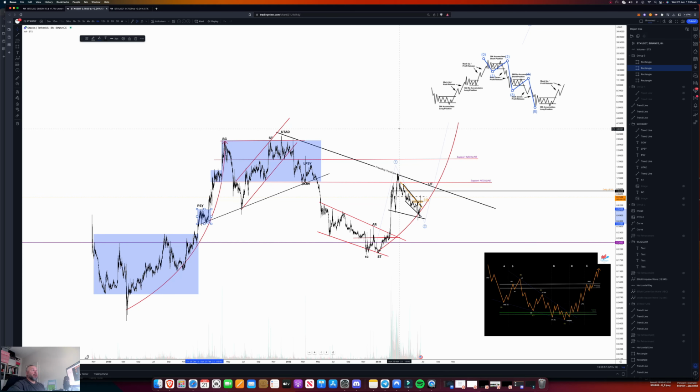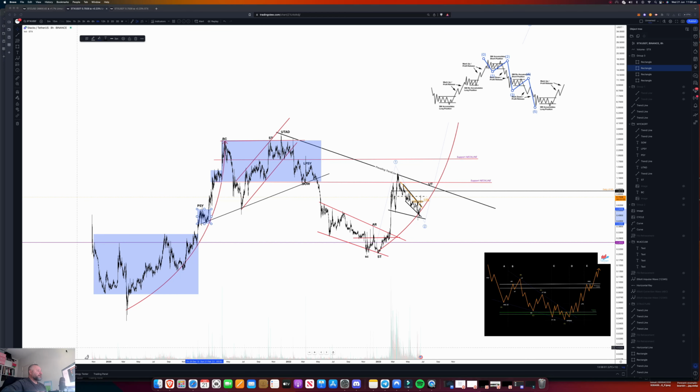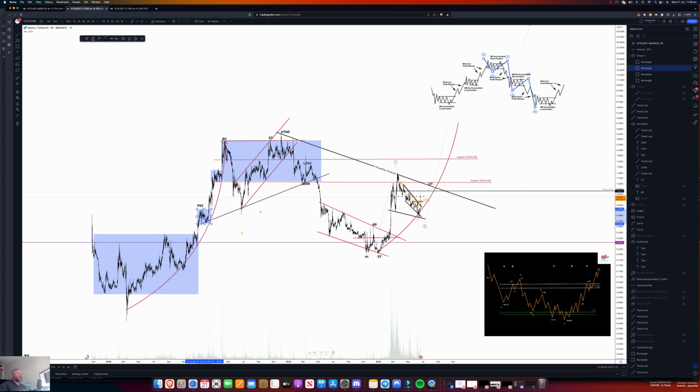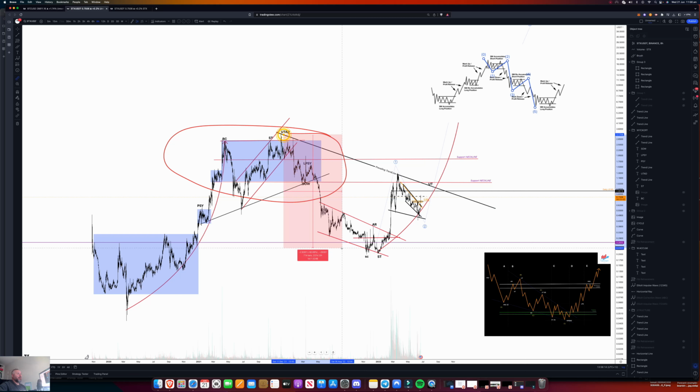So I want to look at the macro. With the macro, what we have is a Wyckoff distribution, pretty obvious. How much did that drop? It dropped 93%. A lot of the alts did the same.